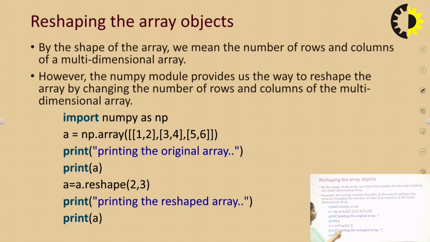So what will be the syntax of this program? First we have to understand that by the shape of the array, we mean the number of rows and columns of the multidimensional array. NumPy provides us a way to reshape an array by changing the number of rows and columns of a multi-dimensional array. We have a feature to directly convert rows into columns and columns into rows.